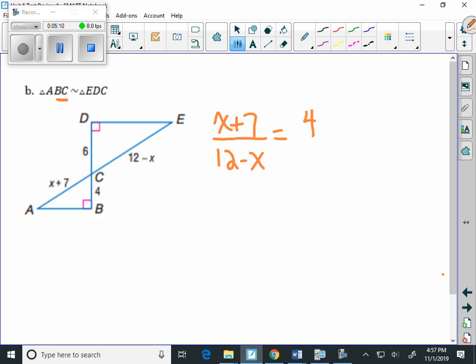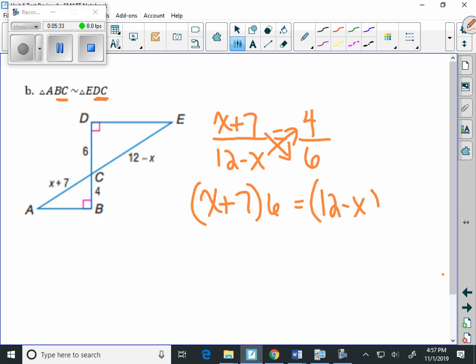So our second and our third piece in our other triangle, DC, has a value of 6. And once again, when we solve this proportion, we're going to cross multiply. And it's going to require distributive property. And we get x plus 7 times 6 equals 12 minus x times 4.